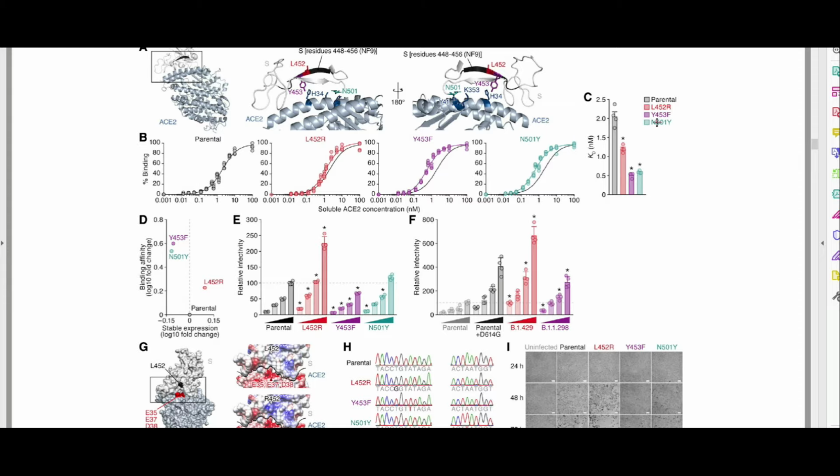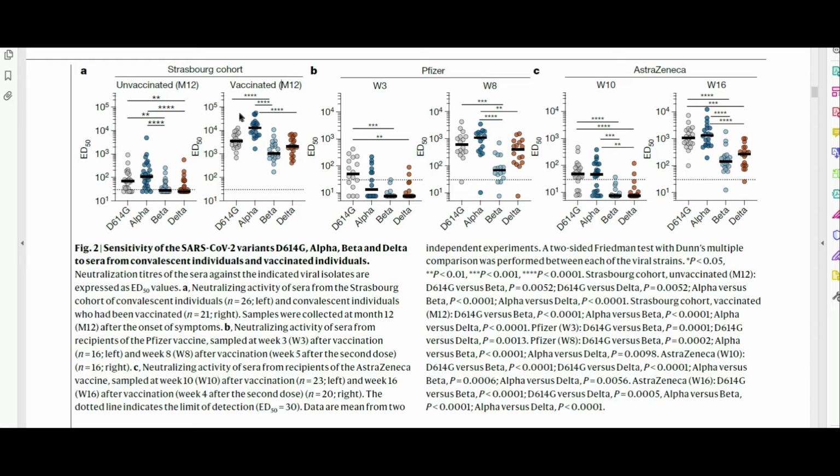And so what this shows is that there is more of the neutralizing antibody in the vaccinated people than in the unvaccinated people. And that's true for this D614G variant, in just that one mutation in sort of the OG virus, than the alpha, beta, and delta variants.